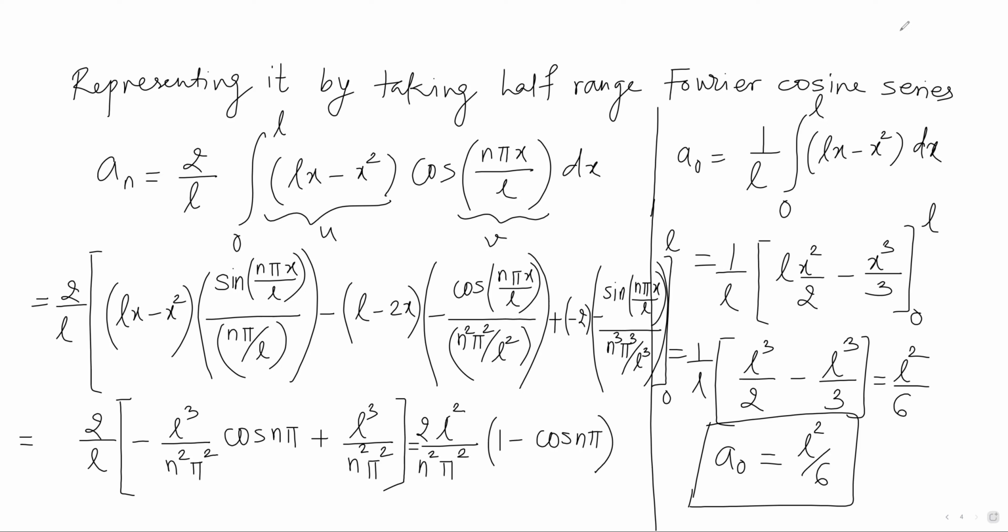So once you get this an, now the part is very easy to write. You have to write down the entire solution here. So the solution can be written as, I have to add that a0 over there, okay? So the general solution is u of x,t. Let me add the value of a0 here. A0 is L square by 6 plus summation n equal to 1 to infinity.